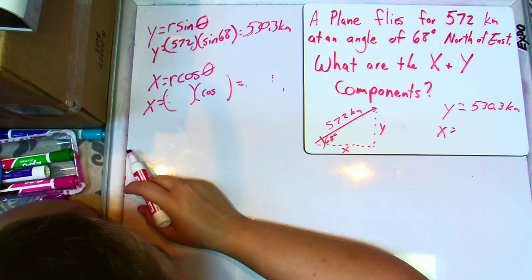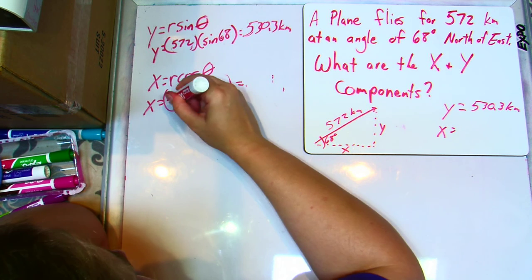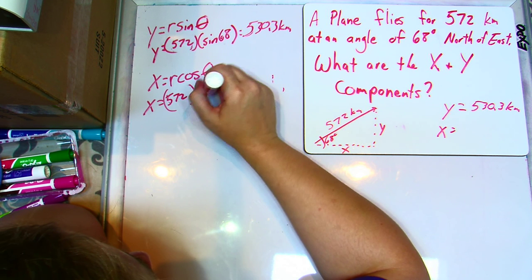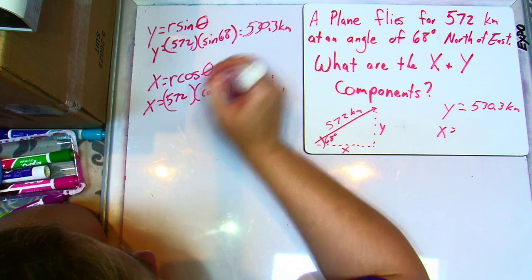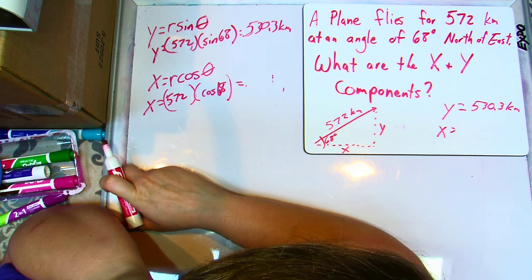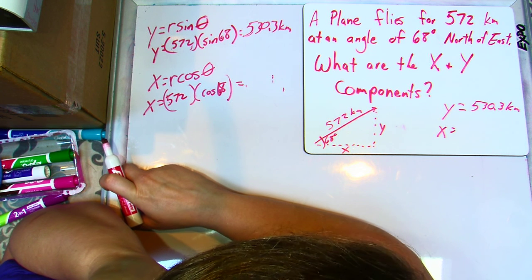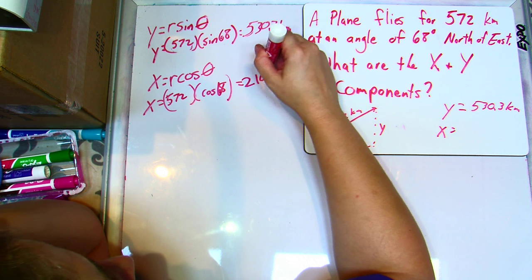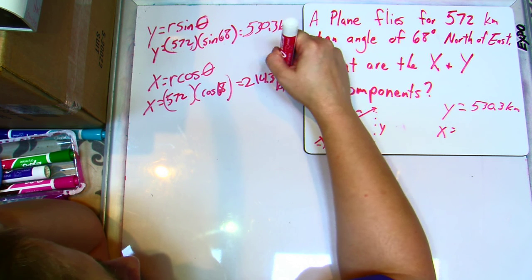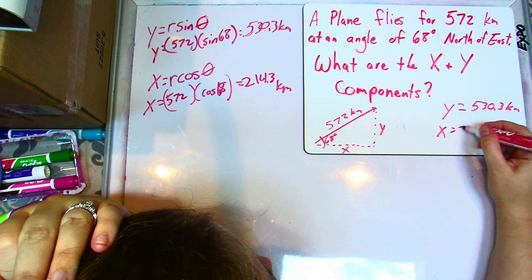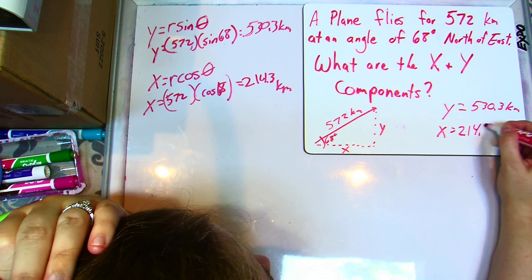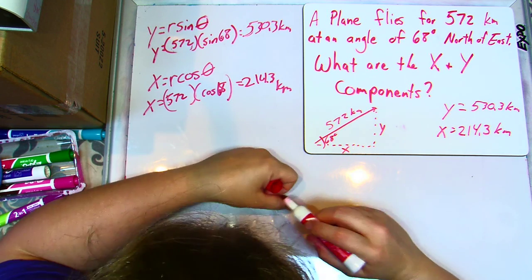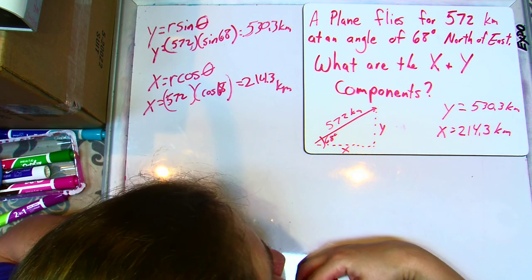For the x component, we know our hypotenuse, 572. We know the angle, so cosine of 68 degrees. And we plug that in, we get 214.3 kilometers. See? Not horrible, I hope.